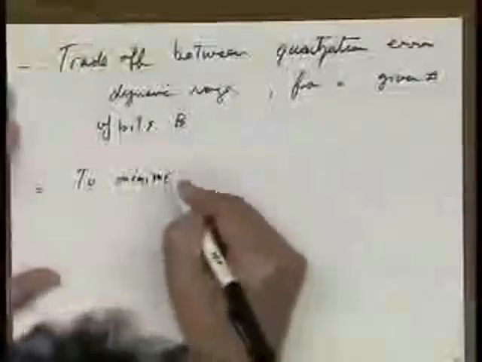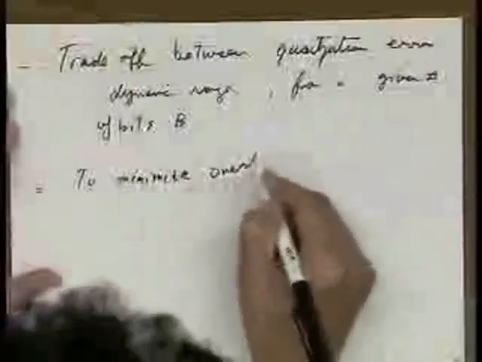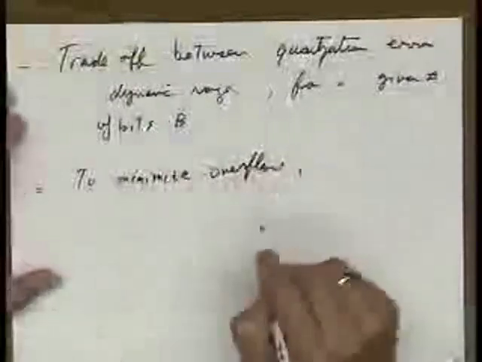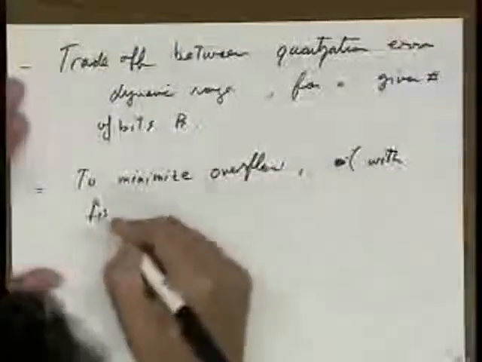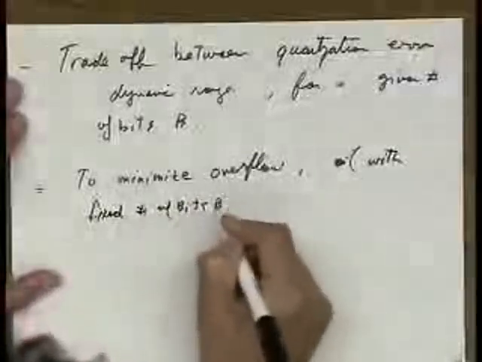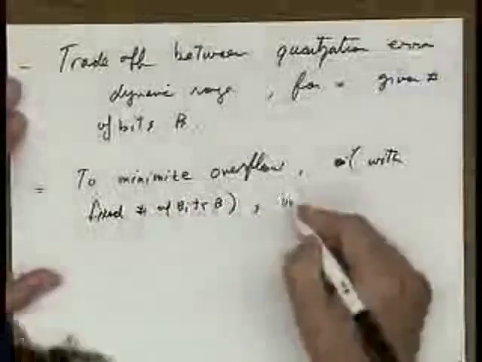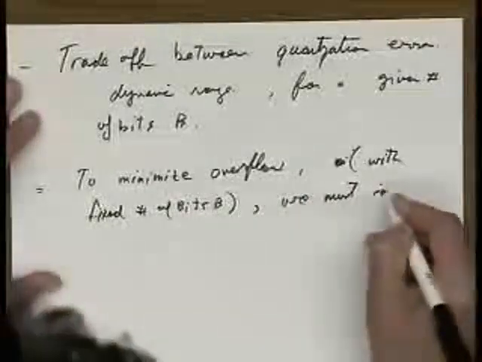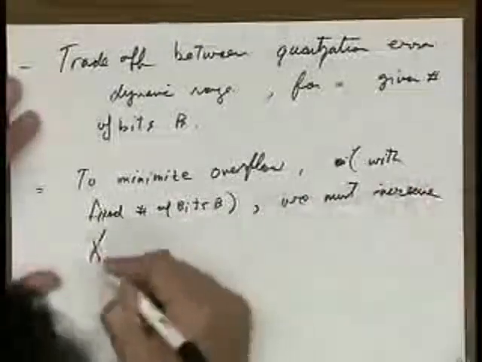What I mean is that to minimize overflow, again, with a fixed number of bits, we must increase, in some sense, x sub m.